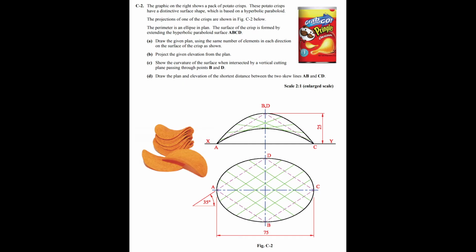So what I'm going to do is draw an x2, y2 line up here, or a second x1, y1 line up here, and project points A, B, C, and D up into that auxiliary view, going parallel to the line CD, so it's inclined at 35 degrees as we set up in the question.